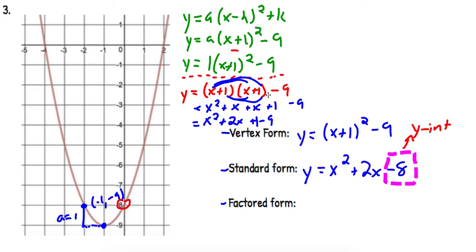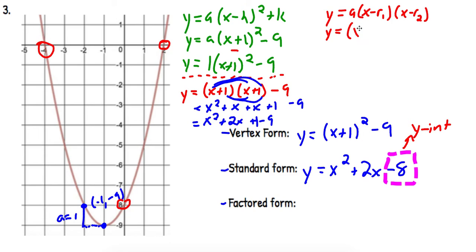All right, and then finally we have factored form. Again, remember that the factored form is y equals a times x minus r1 times x minus r2. And I need to figure out what the roots are. It looks like I have 2 roots, one here and one here. The a value is going to be the same, so I'm going to keep the a value 1 and just leave it out.